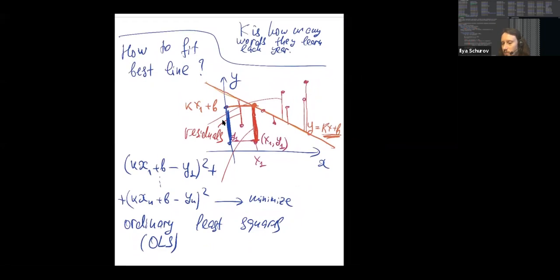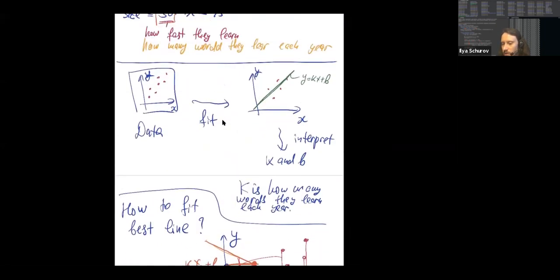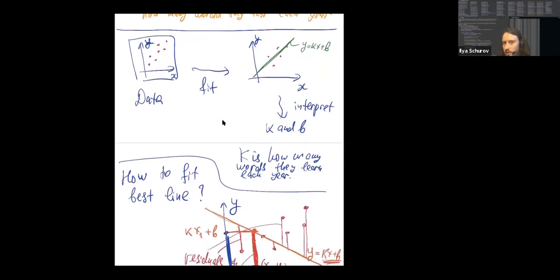So this step will be completely automatic. You just put in your data, and R gives you this straight line. In fact, it gives you these coefficients. And then your problem is just to interpret these coefficients correctly. So this is how regression analysis usually works.